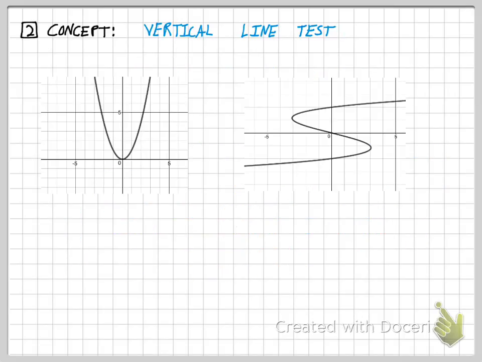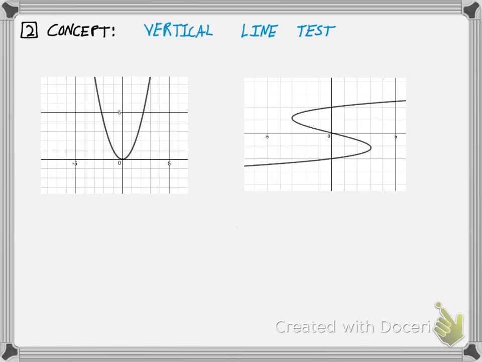Alright, the idea that every element, every input of a function has a unique output is actually a really important concept, and let's just look at these two examples below to see why that is. On the graph on the left, if I picked a random x value, let's say x equals 2, and I ask you what the output was for that value, you would go up to the graph and give me the y value, and it looks like f of 2 would be the number 4.